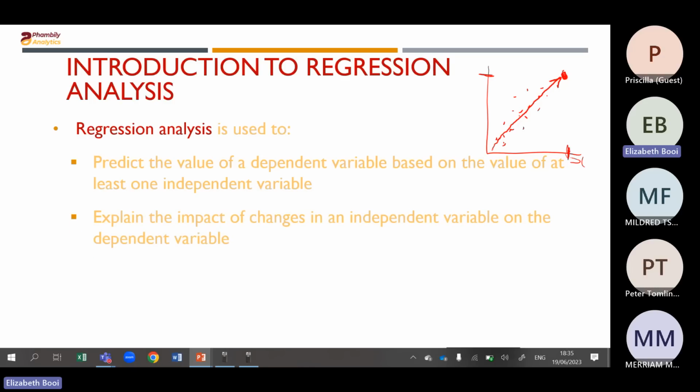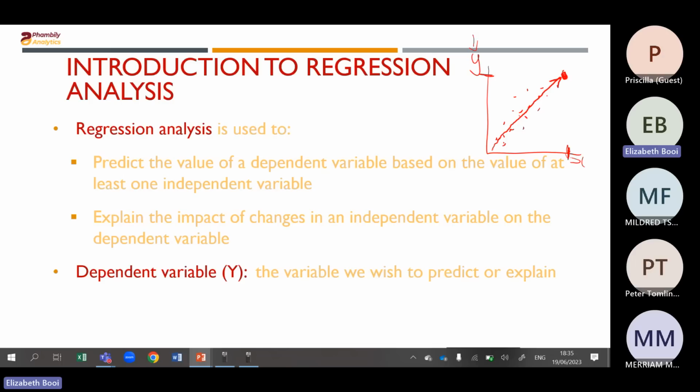It also helps to explain the impact of changes in an independent variable on a dependent variable. And that impact is what we're also going to be able to calculate, which is called the slope. We're going to do that just now. Now, the dependent variable is the variable that you want to explain, which is the y.